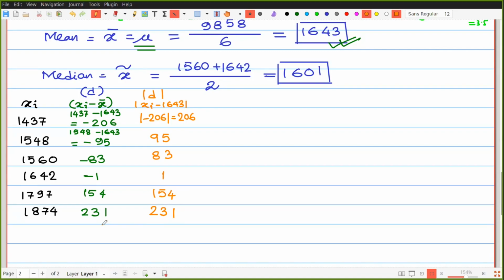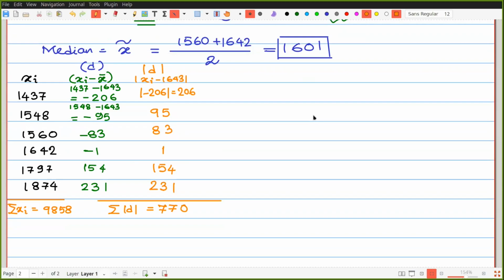So finally, find out the total summation of mod D. That is 770. Before that, here the total summation of xi was 9858. Based on that, we have found the mean. Okay, so what is our mean deviation? And from that, we can find the mean deviation here.